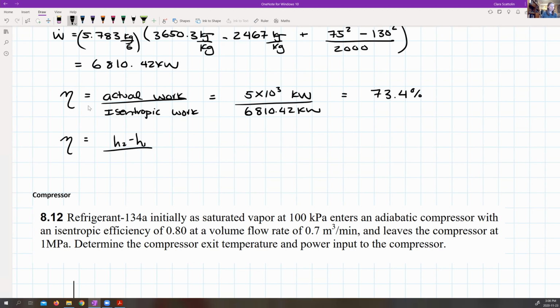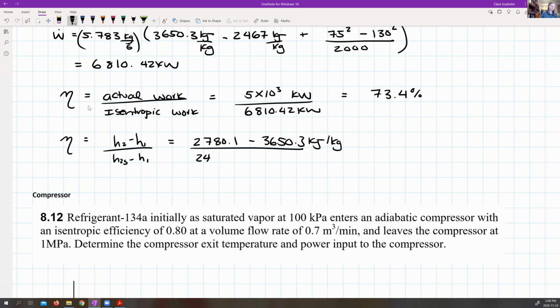You can also look at it as H2 minus H1, the enthalpy change of the actual turbine, over the enthalpy change of the isentropic turbine. So those values, I had them at 2,780.1 and then 3,650.3 kilojoules per kilogram. And then with my isentropic enthalpy, I calculated it, did I not?